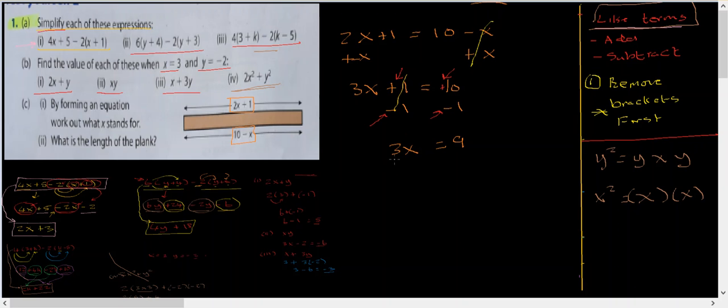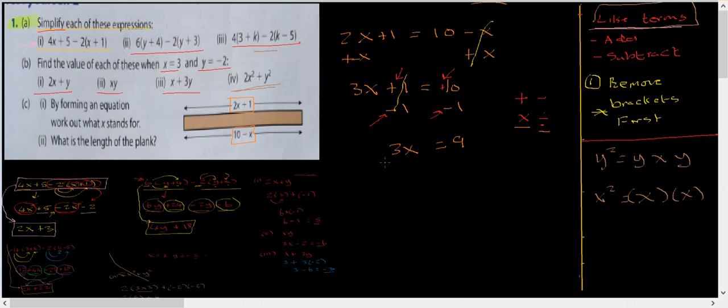Now, the operation at play here means 3 multiplied by the value for x. Remember, the opposite of addition is subtraction, and the opposite of multiplication is division. In order to get rid of the 3 and turn it into a 1, we have to use the opposite of multiplication, which is division.